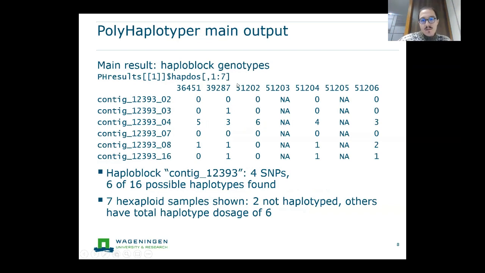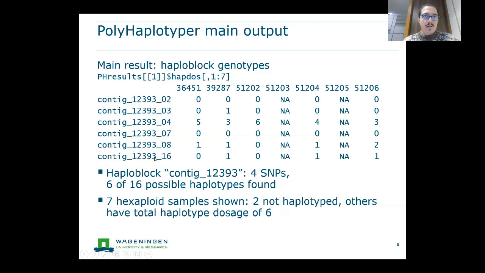The main result that you get out of the tool is basically a list. And in the list, for each haploblock that you define, there will be a result where it tells you for each individual and each possible haplotype that you have defined.